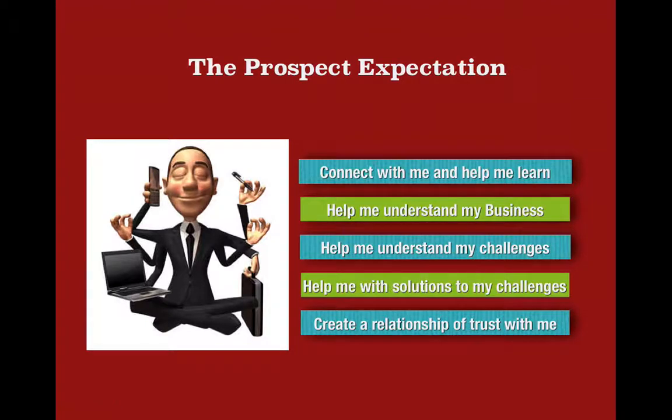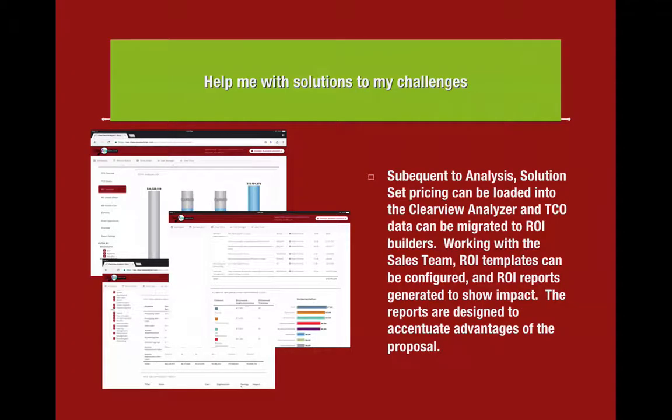So in other training sessions, we've talked a little bit about analytics. We've talked about how to build the total cost of ownership. And today we're going to talk about how we migrate that data from the total cost study into the ROI builders within the Clearview analyzer framework, and then work with you and your sales teams to build the ROI templates and how those are configured.